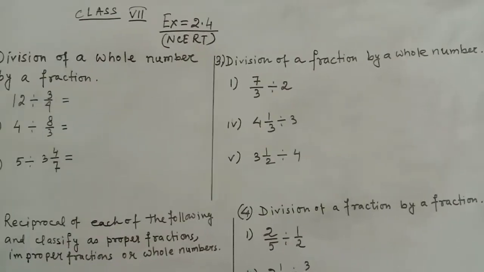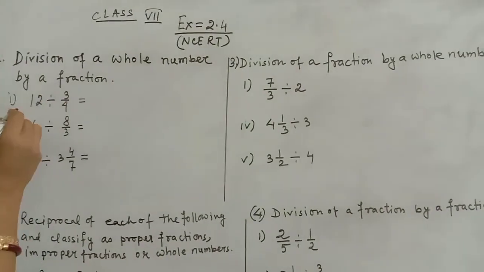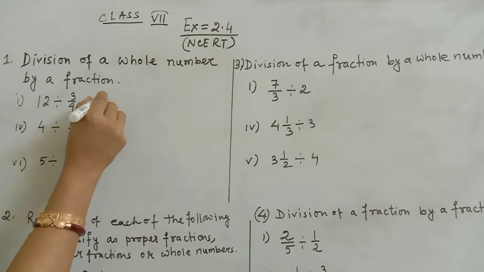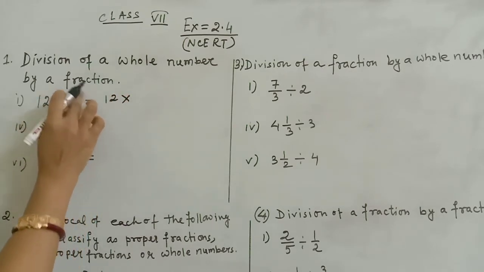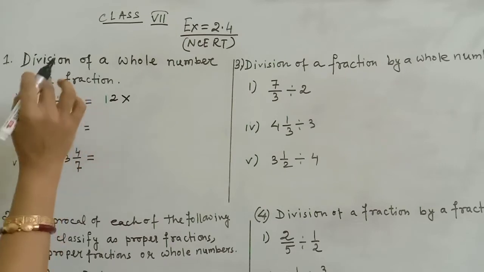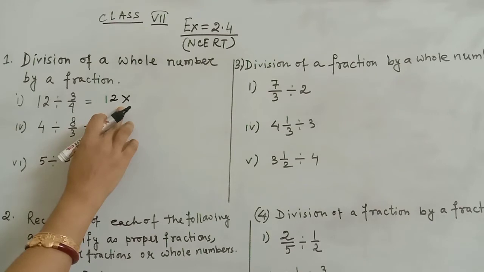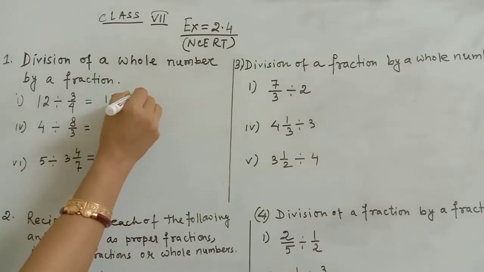And here we will write a reciprocal, a new word, reciprocal. But first of all, 12 divided by 3 by 4. So what you will do, 12 into, now this concept of reciprocal is coming from here. When we change this division sign into a multiplication sign, then it will become 4 by 3.